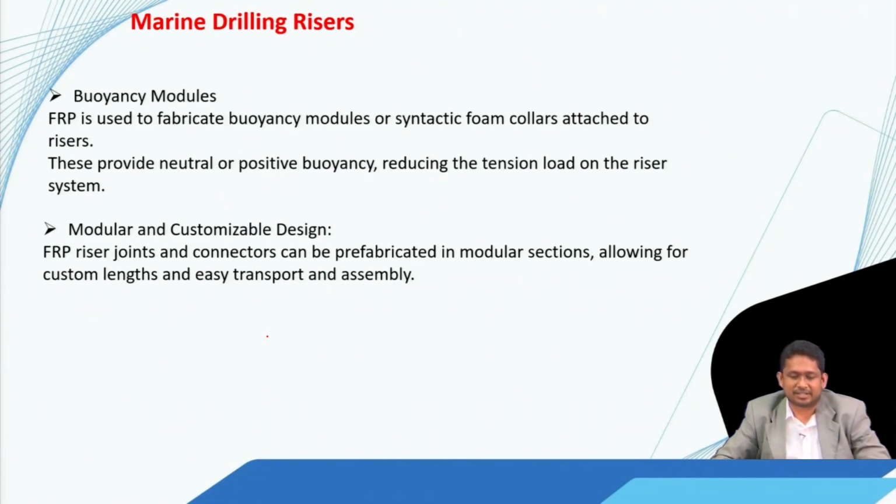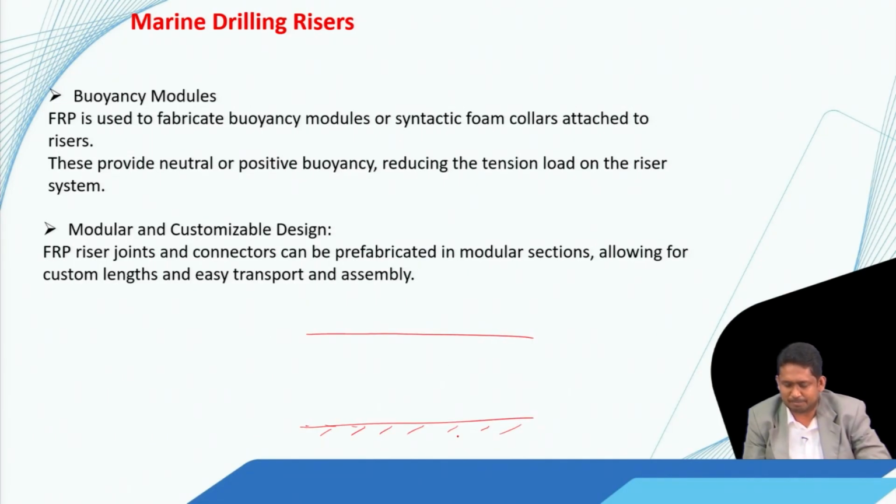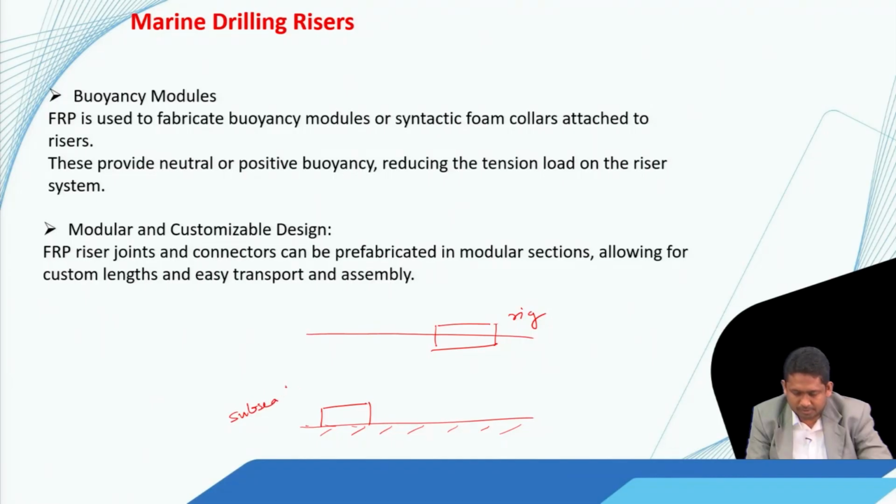Then marine drilling riser. A drilling riser is a kind of pipe, basically a large diameter pipe, that connects the rig. The rig is at the surface of water, and at the base there is a subsea blowout preventer.